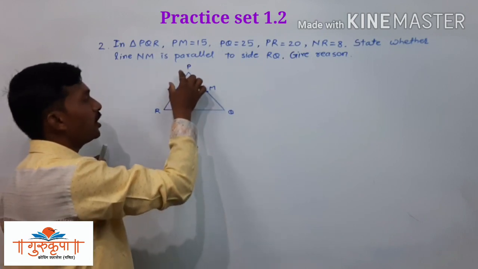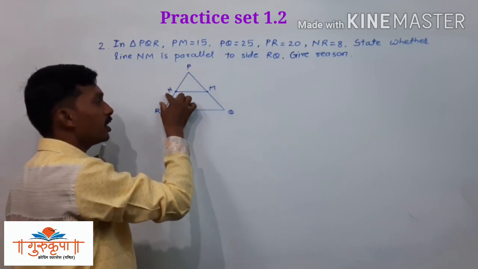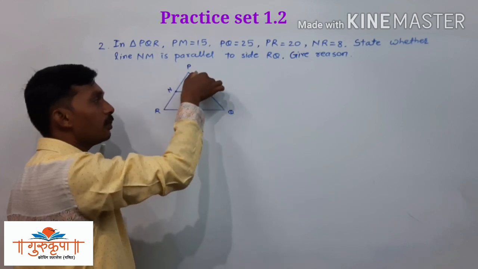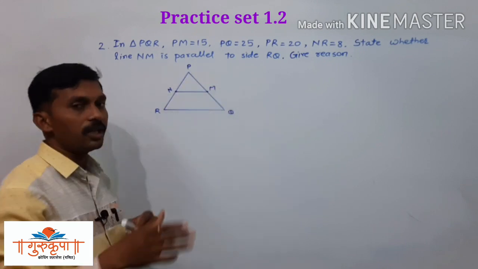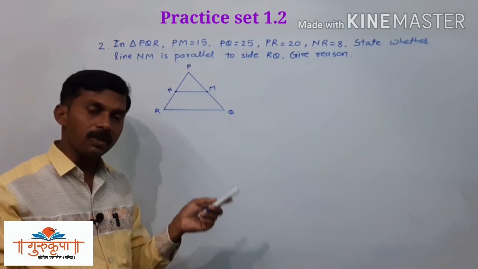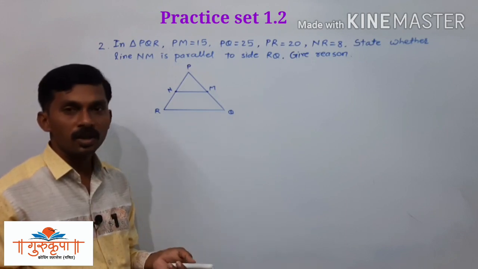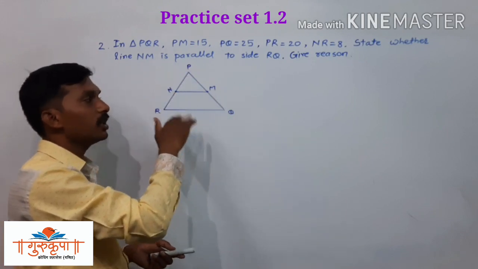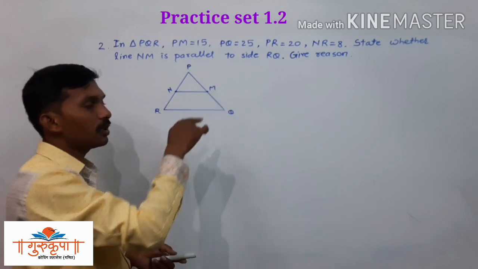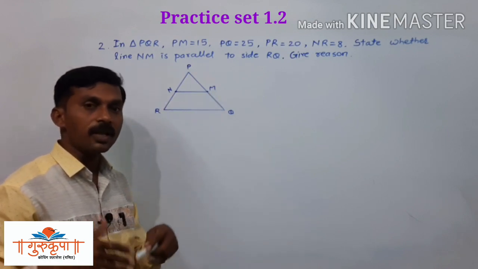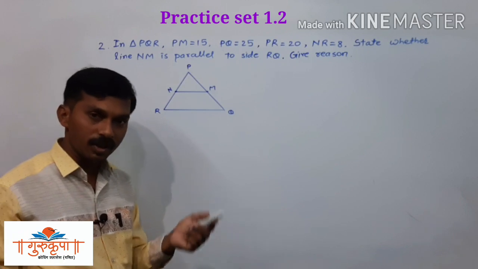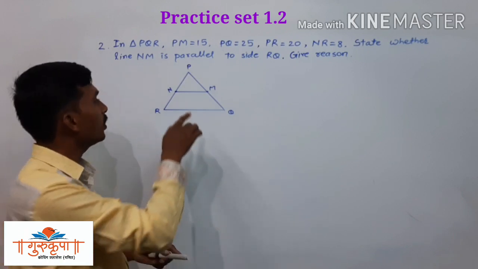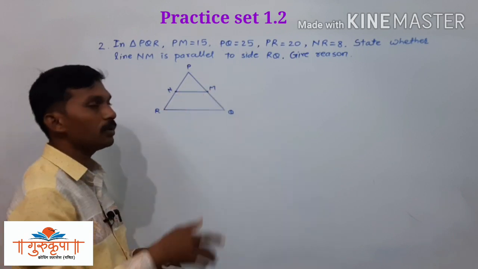We have to find the first ratio, Pn upon Nr, and then the value of Pm upon Mq, and then observe whether the values are equal or not. If the values are equal, then this line NM is parallel to RQ, and if the values are not equal, then NM is not parallel to RQ.